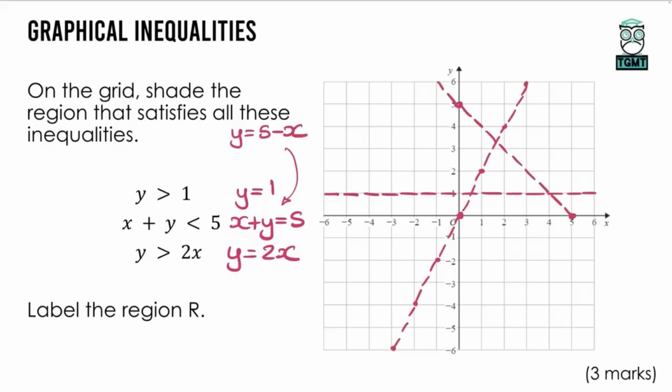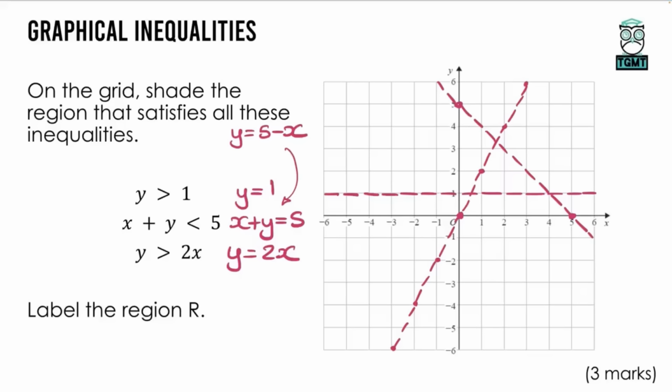And there we go. We now have lots of regions within the graph. So regions are sort of areas. So for example, this little section here is a region. We need to find the region that satisfies the inequalities. So to do this, I need to pick a coordinate and test it in my inequalities.